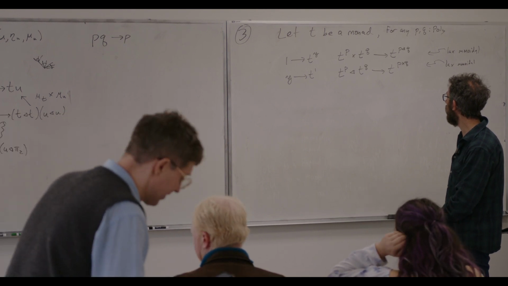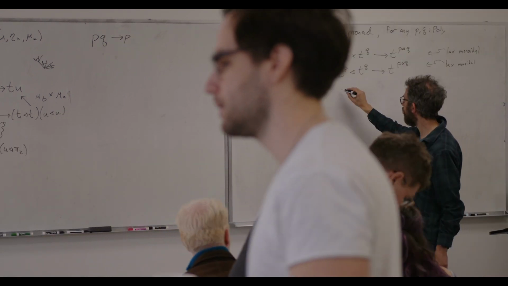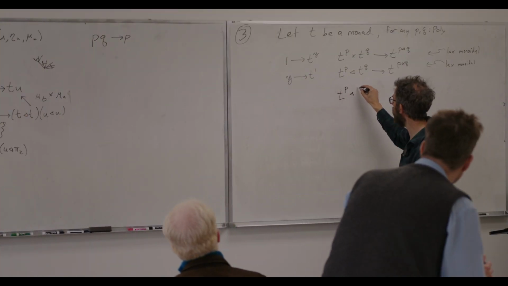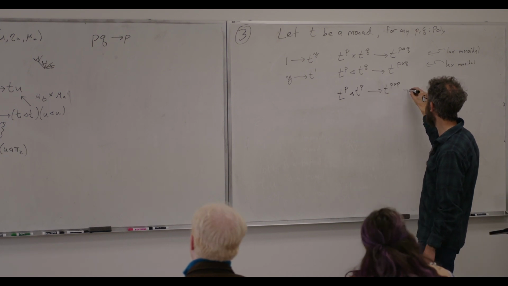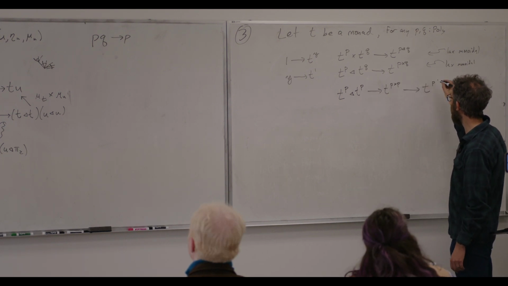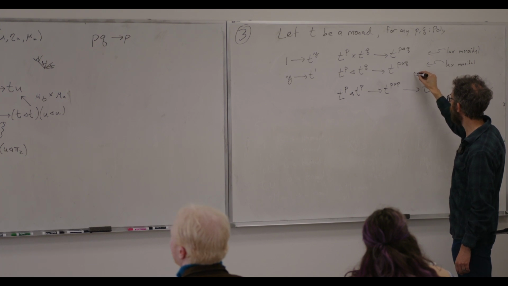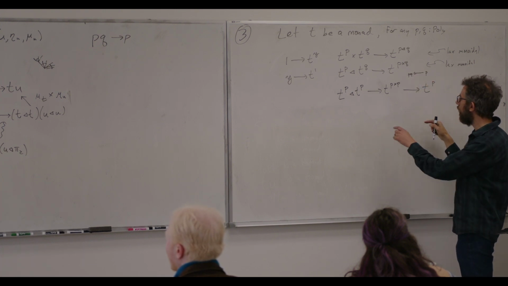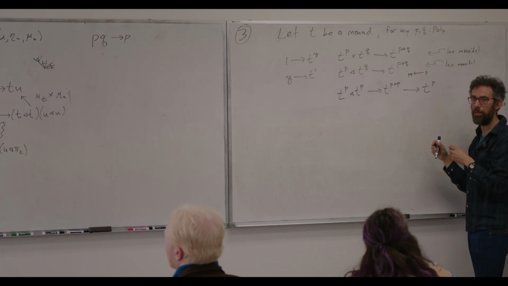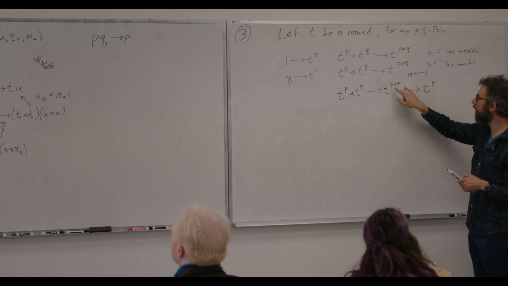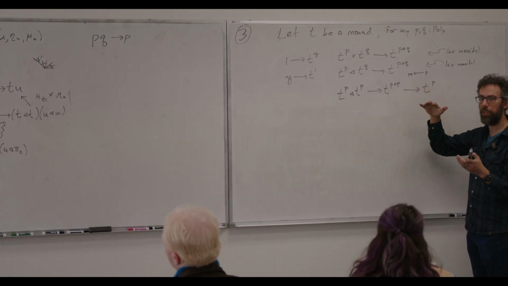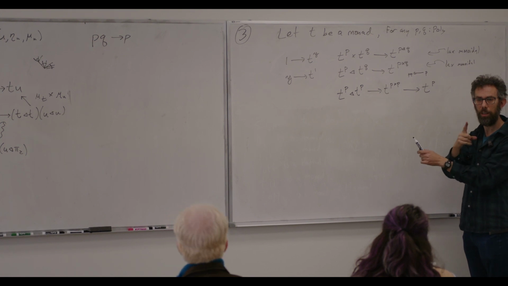So by the way, I have a map from t to the p composed with t to the p to t to the p times p, right? But I also have a map, because I have a map from p to p times p upstairs, I get a map like that downstairs, since exponentiation is contravariant.